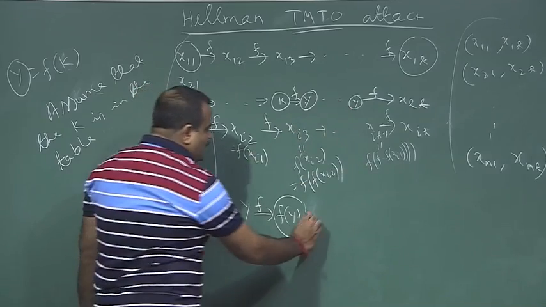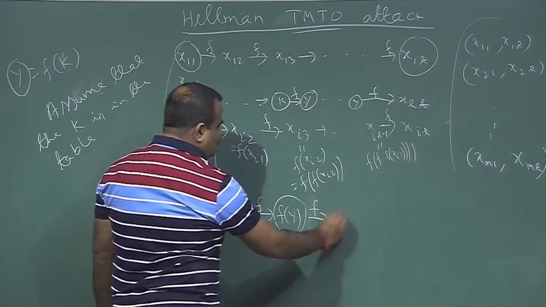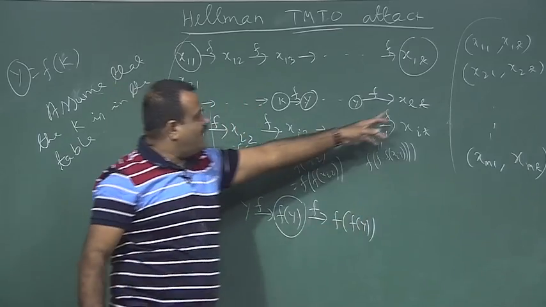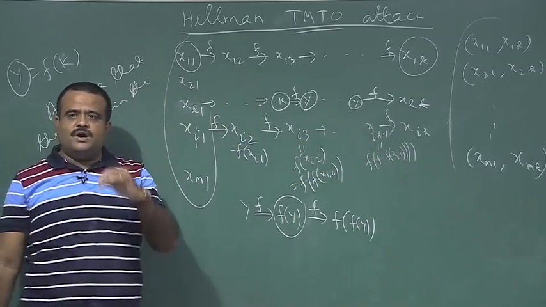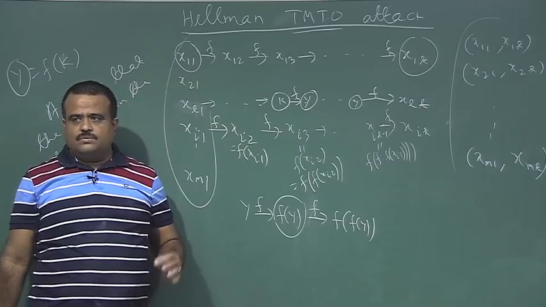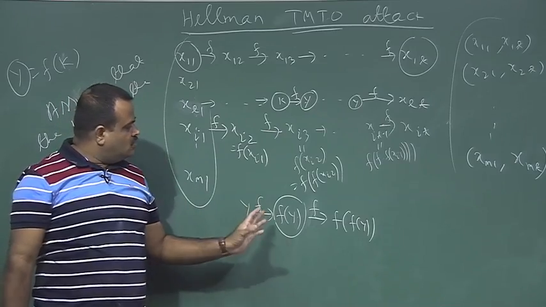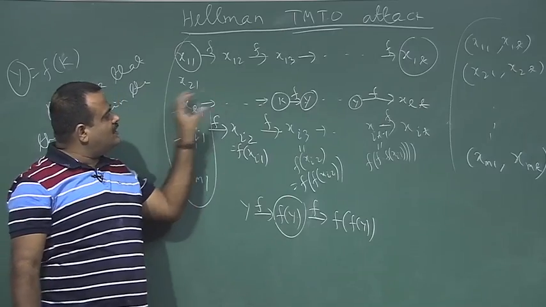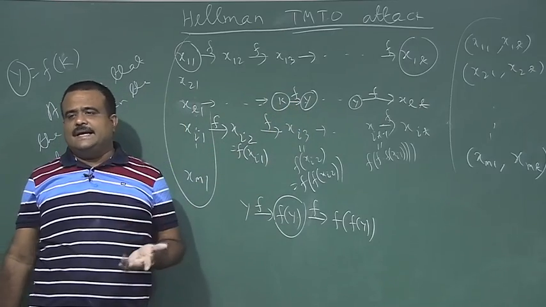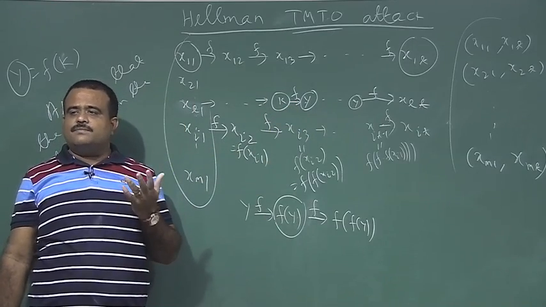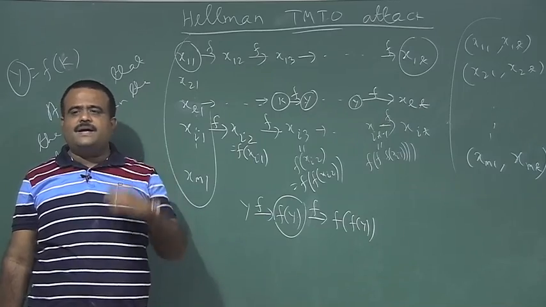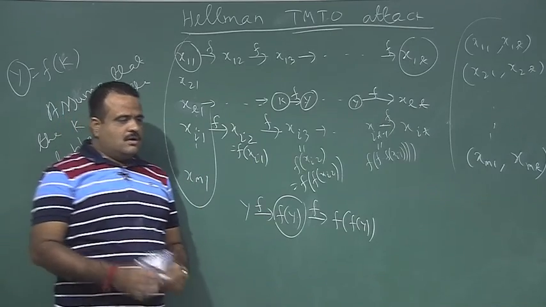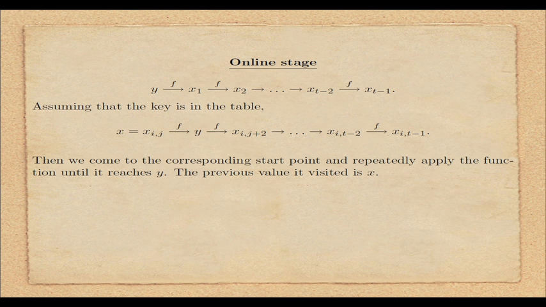If it is not, again we apply f on this and we try to match. So, every time we are having the table lookup, we are matching with the endpoints. So, how many times will we do this? We will do at most t times, because we know the length of the chain is t. So, we will do at most t times, and every time we check whether it is matching with y or not. So, this is what we are doing.